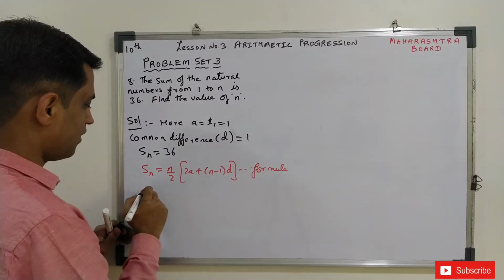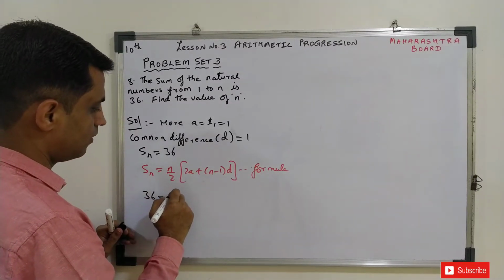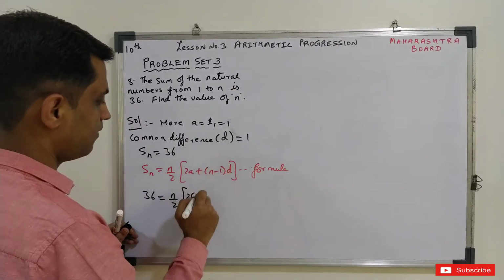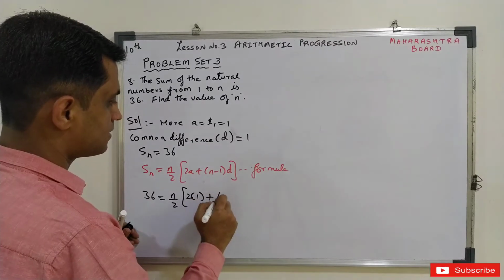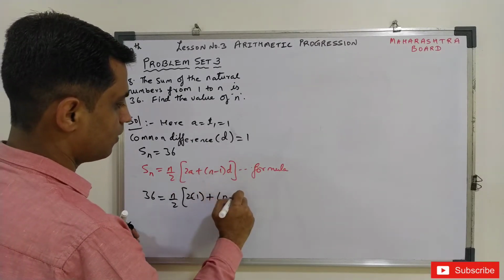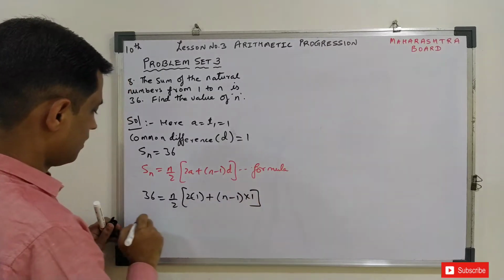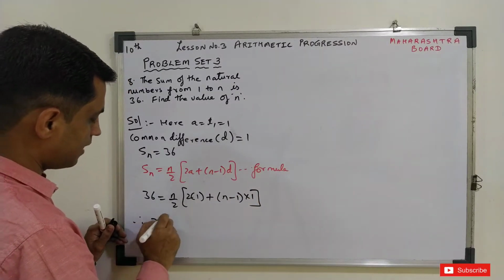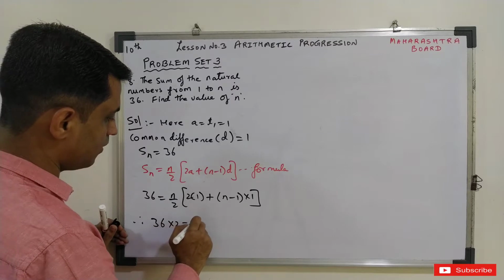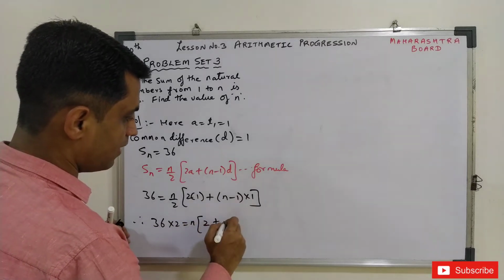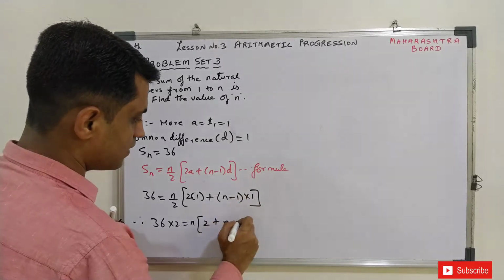So 36 is equal to n, we don't know, into 2 into a, what is our a? 1, plus what is our n? We don't know, minus 1, into t, what is our t? 1. So let us cross multiply. 36 into 2 is equal to n, 2 into 1 is 2, plus 1 into n, 1 into minus 1 is minus 1.